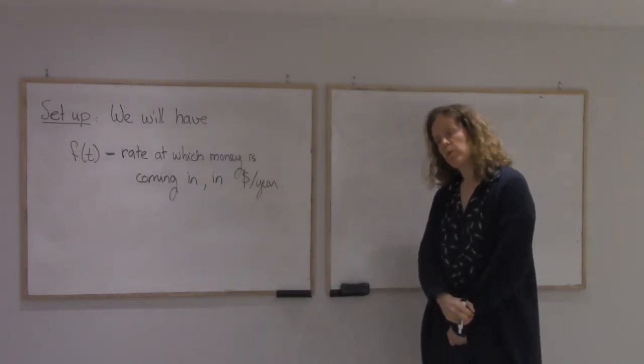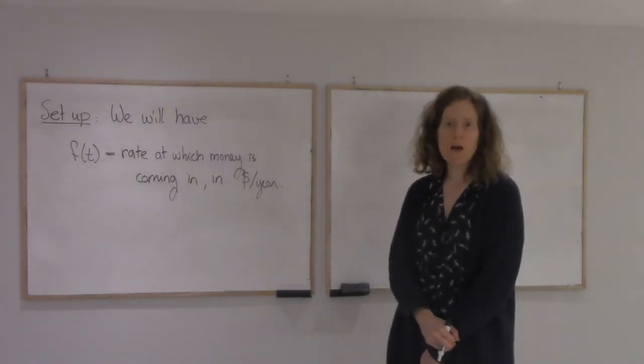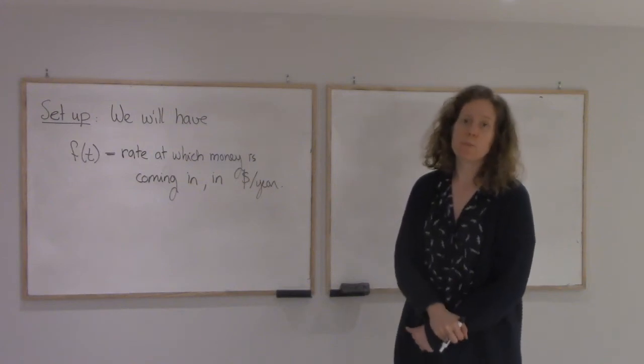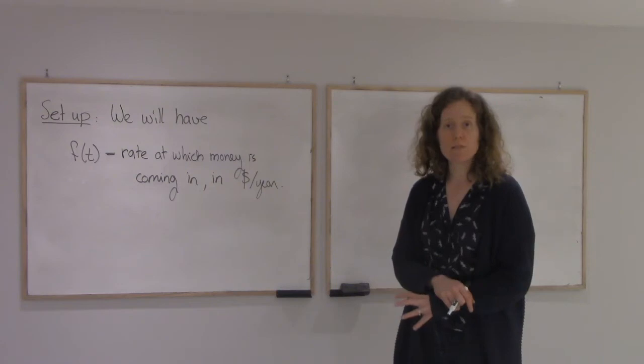So that's what we'll give in problems. We'll give this and the interest rate, and you'll have to use this to compute the total money flow, the interest, the future value, the present value.